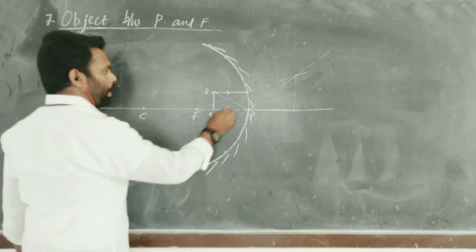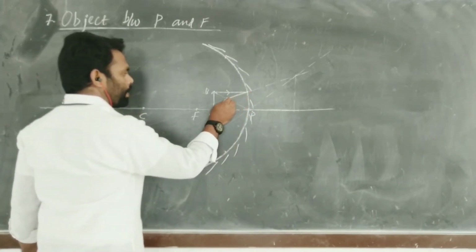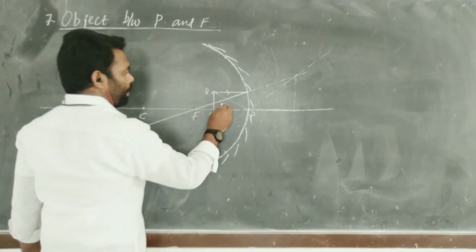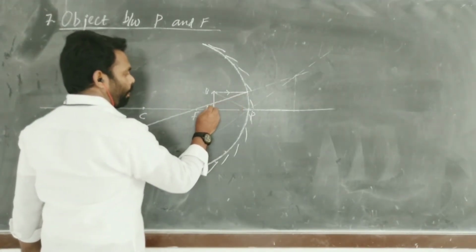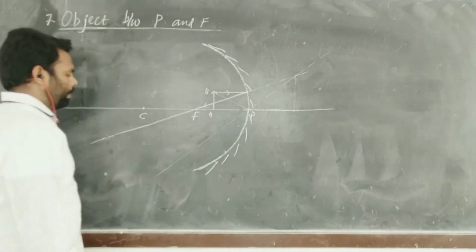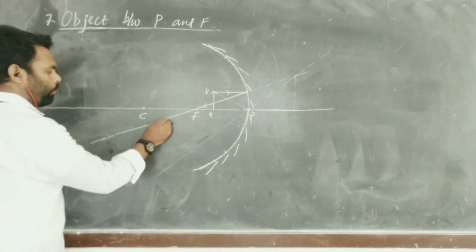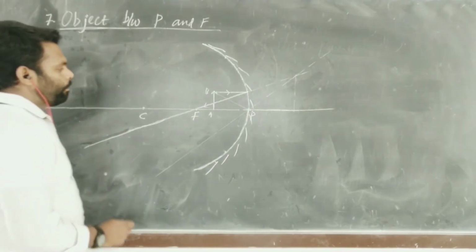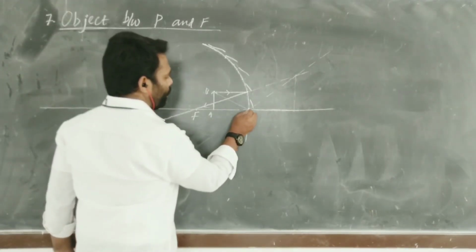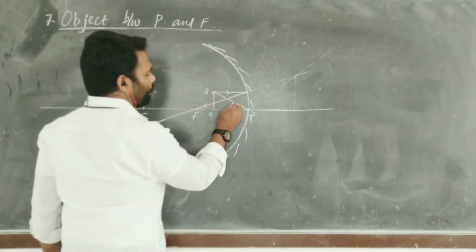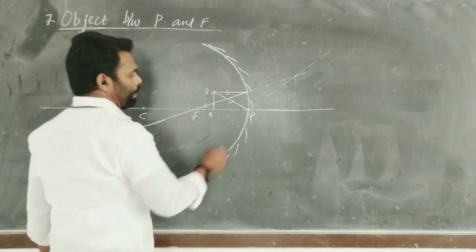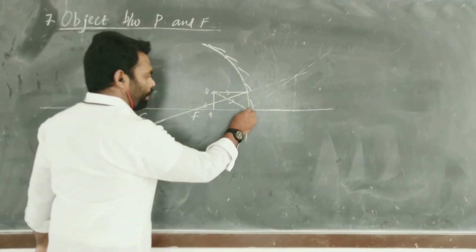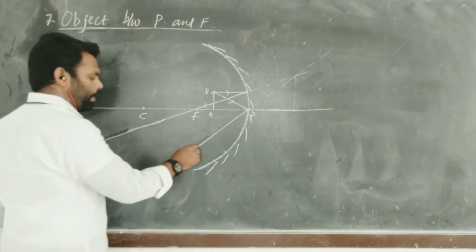The light ray that is parallel to the principal axis, after reflection, passes through focus. This is the reflected light. Second light ray is incident obliquely, making an angle with the principal axis. After reflection, it obeys the laws of reflection, and this is the reflected light.